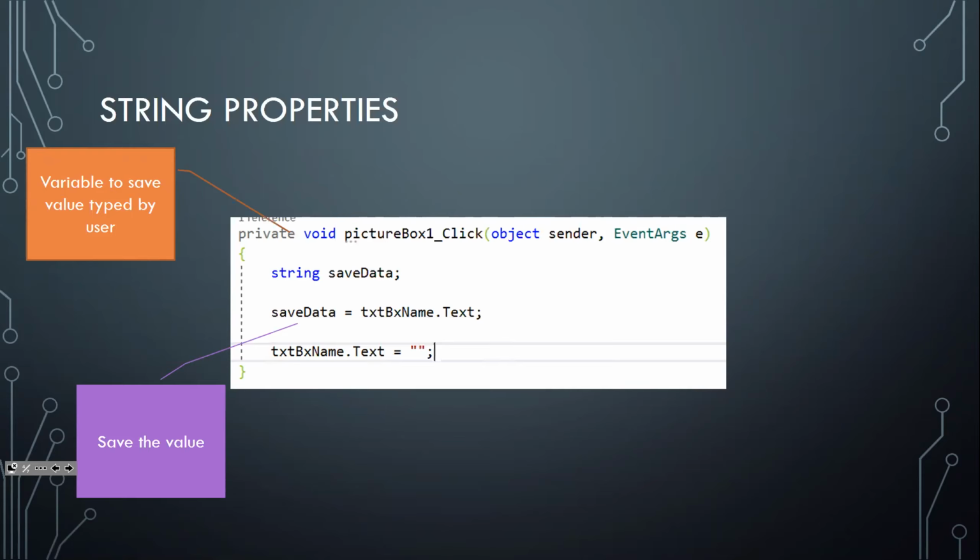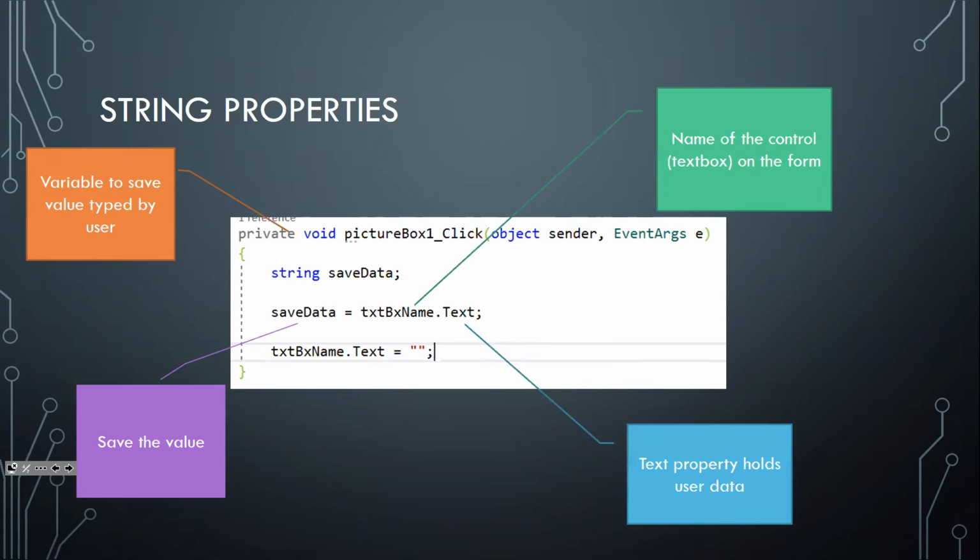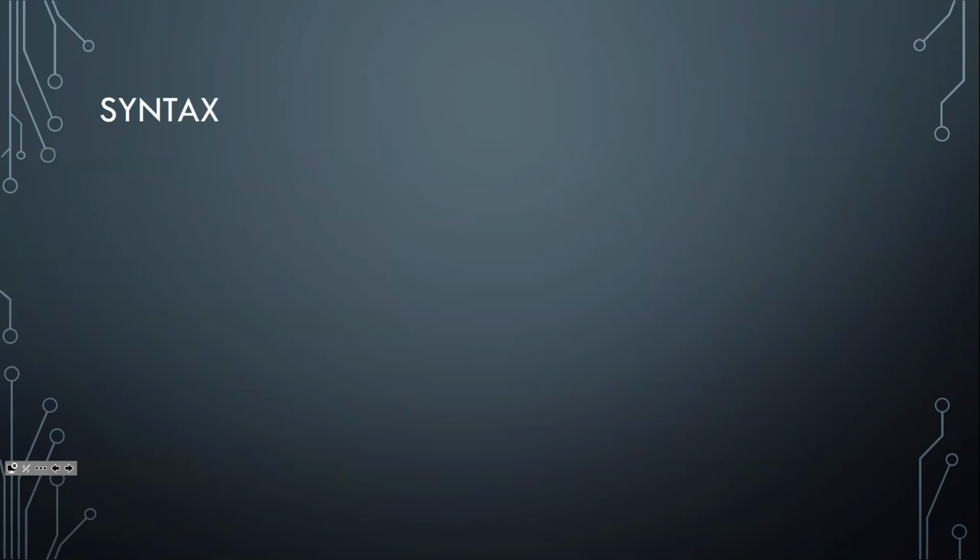Now, in this event procedure, if picturebox1 is clicked, we'd like to allocate a string named saveData. We'd like to save the textboxName's text value into that saveData variable, and then clear the textboxName's text property. So very, very easy for us to do. We just have to remember that we specify the control name followed by the property name.